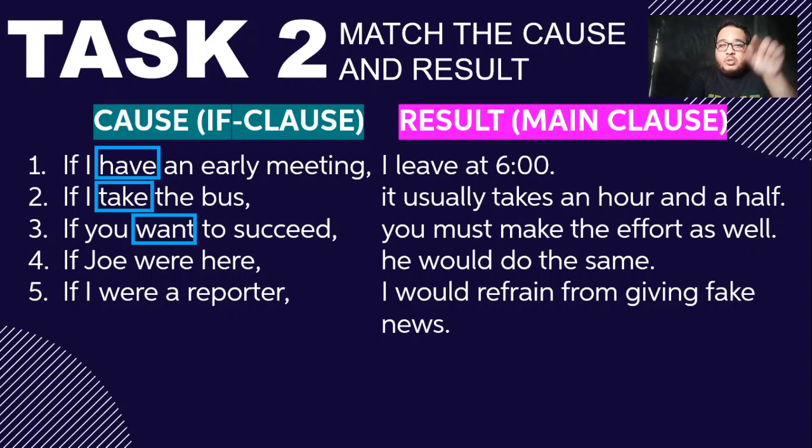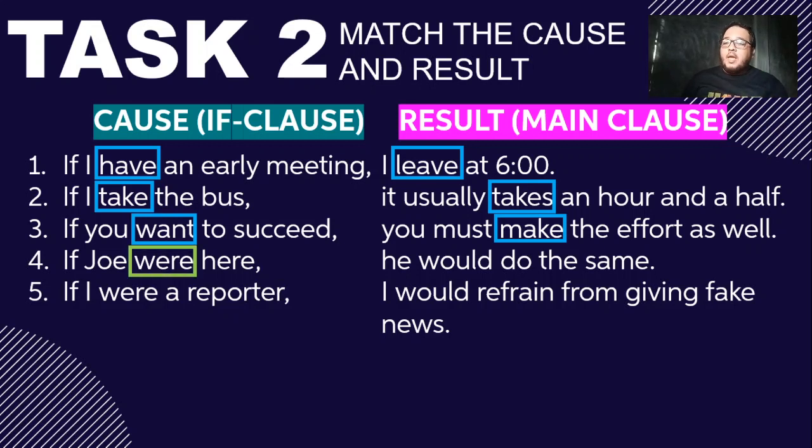So you have to see among the options those with a present tense verb. In our example, we have leave, takes, and make. So that would make your matching much easier. That's a tip for you. But primarily, of course, you have to consider the thought of the clauses so that you can link them very well. I'm just giving you some tips as to the form.